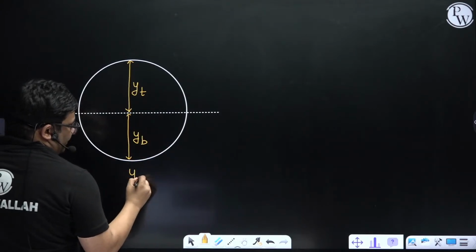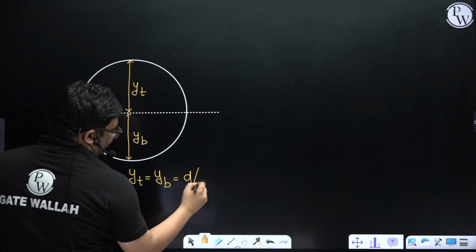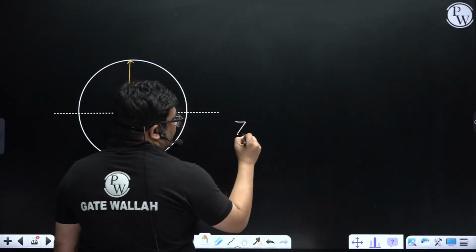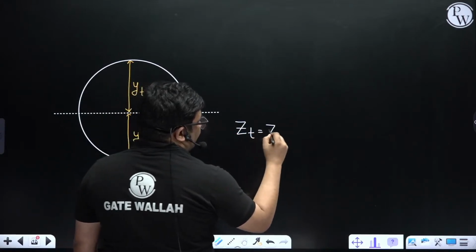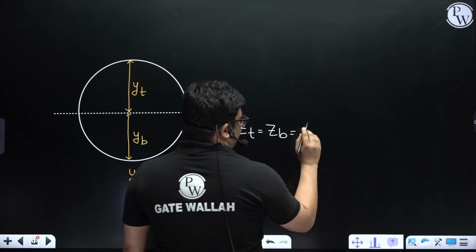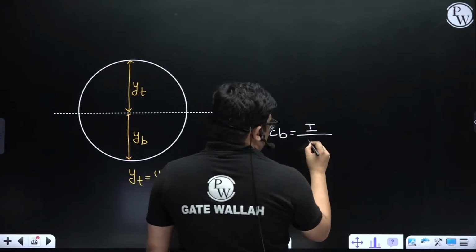Here y top is equal to y bottom is equal to D by 2. So here also Z top is equal to Z bottom, which is I by y top.